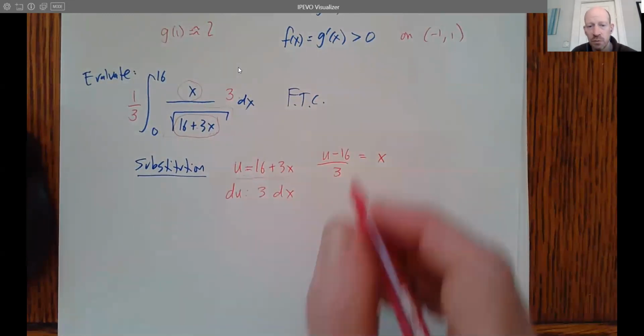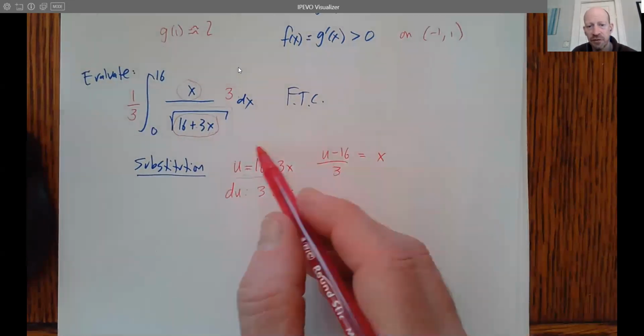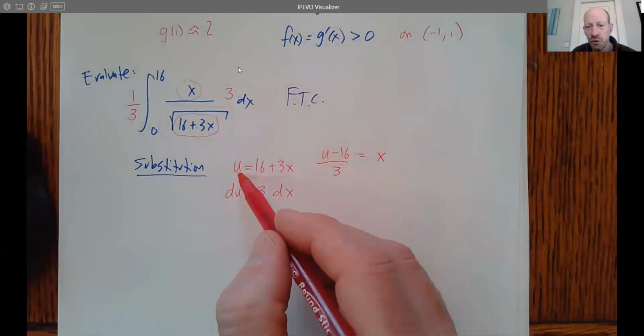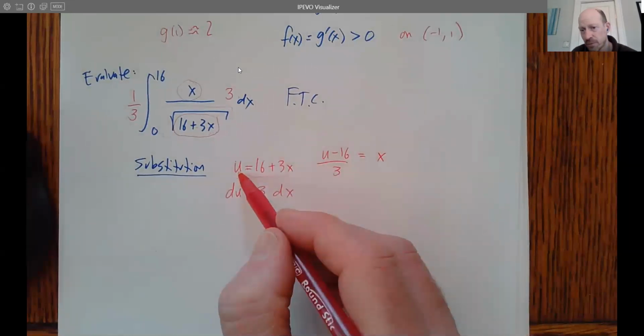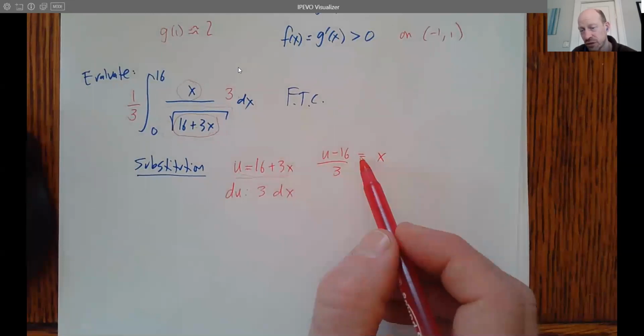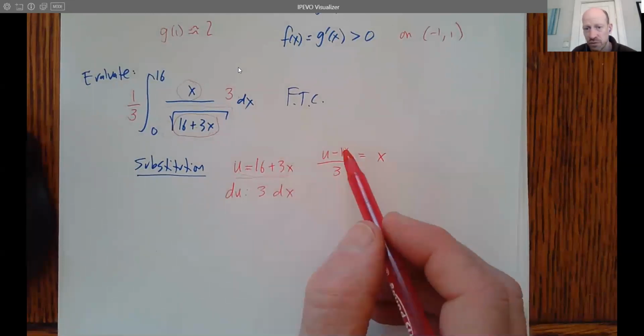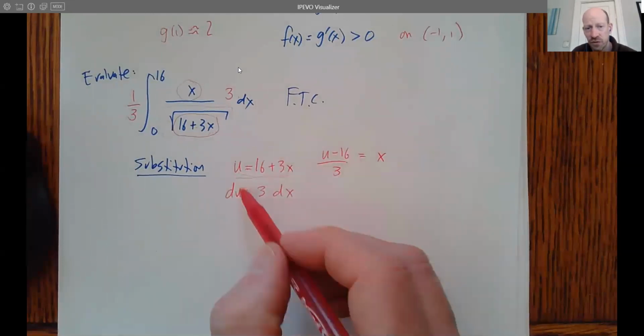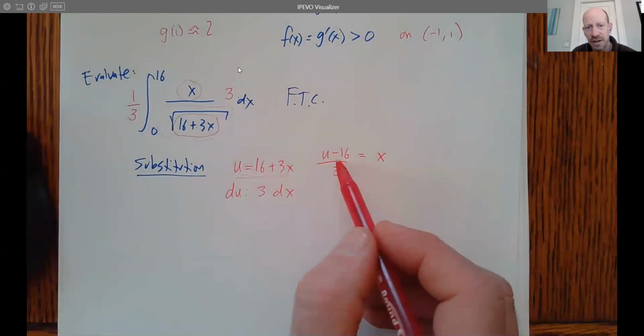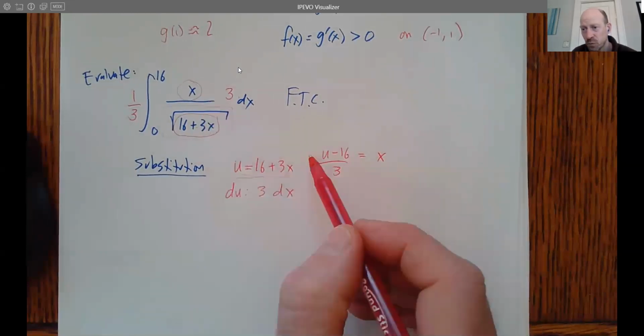We're used to substituting a function of x into a u, but you can also substitute x into a function of u as well. This is all fine, and it's going to allow me to replace x with u.